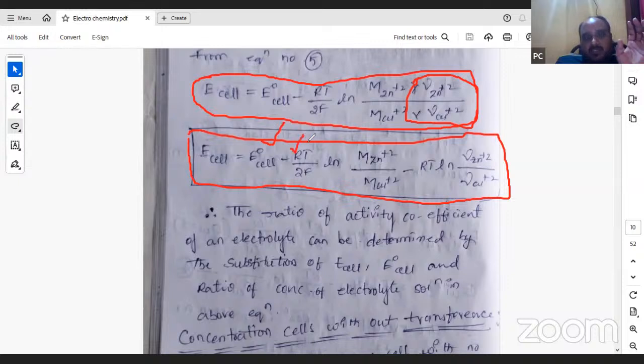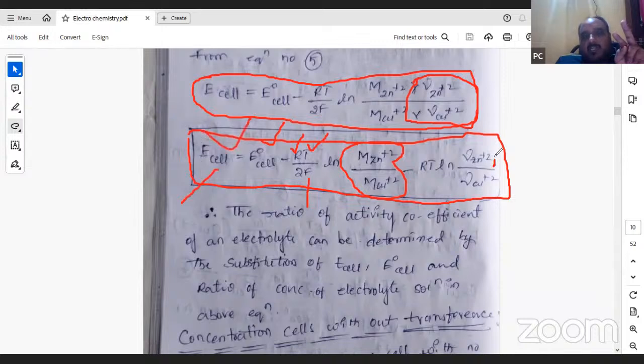R is the gas constant, known. T is the temperature, known. F is the number of Faradays, known, 96,500 coulombs, right? Then the concentrations of the electrolyte solutions are also known, which concentration we are utilizing, zinc sulfate and copper sulfate. Whenever zinc and copper are combined together, we'll get an E cell.